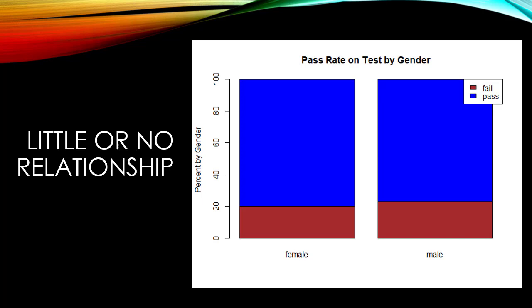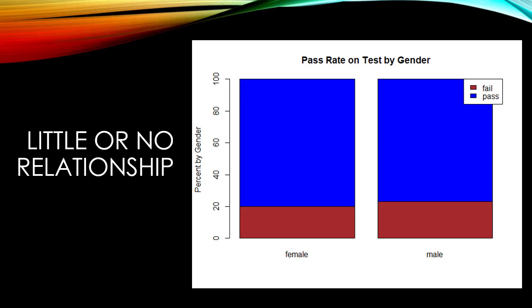I purposefully chose pass rates that were slightly different because I did not want you to get the impression that the only time we will walk away from a statement about relationship is when proportions are exactly the same. The size of the association in this example is not 0, but it is very small, and certainly not worth writing home about. That's why I'm referring to little or no relationship.